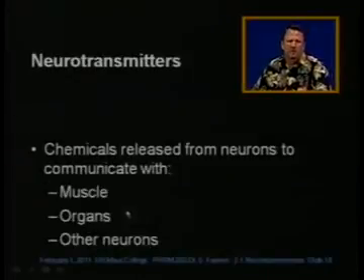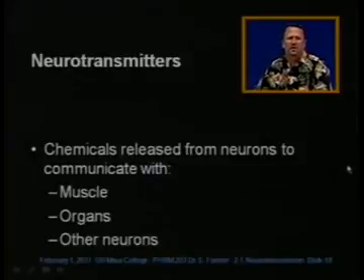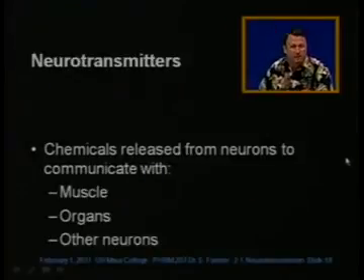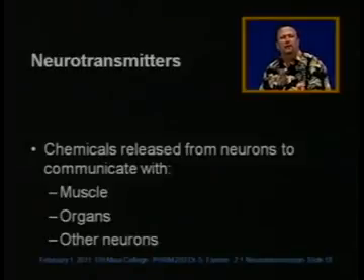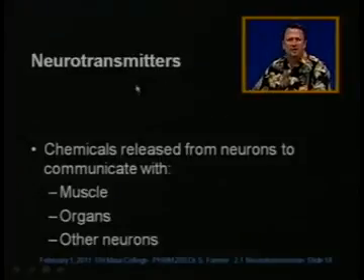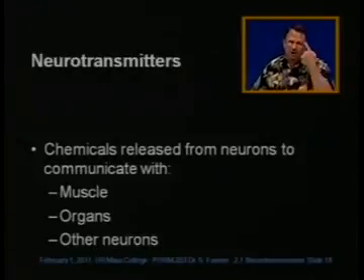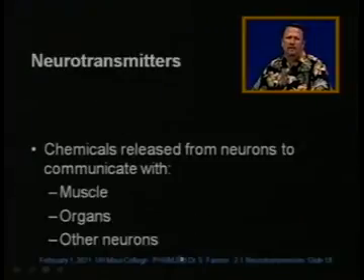So neurotransmitters, this should be in bright yellow. Neurotransmitters are chemicals released from neurons to communicate with either muscles, organs, or other neurons. What we're going to talk about mostly in autonomic pharmacology is neurons that communicate with organs and muscles. When we talk about the central nervous system, meaning your brain and your spinal cord, then we'll talk a lot about neurons that communicate with other neurons.